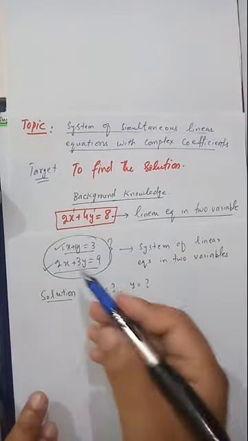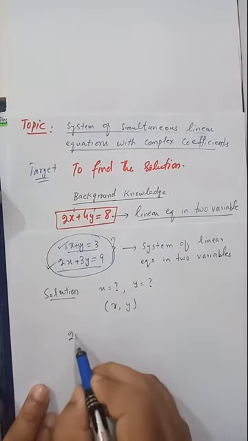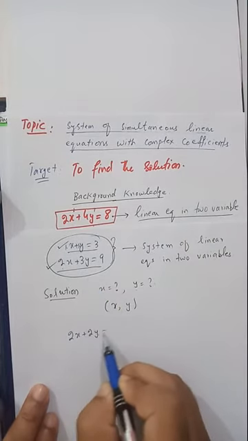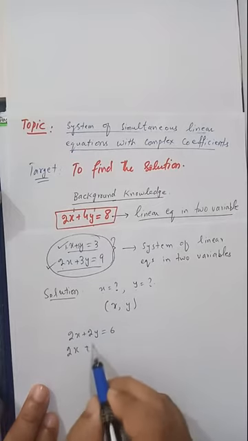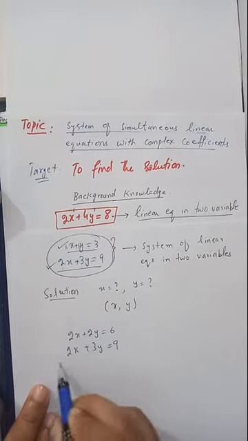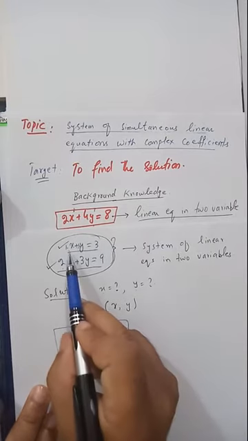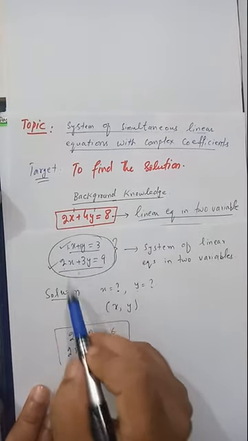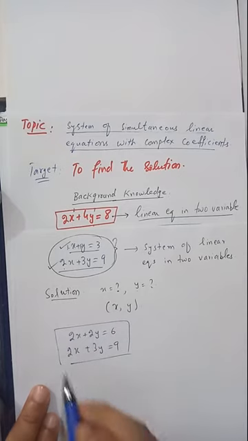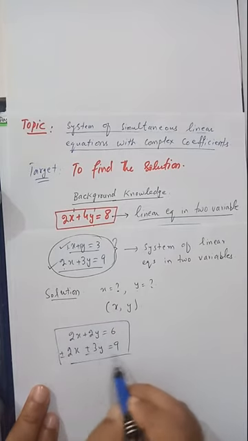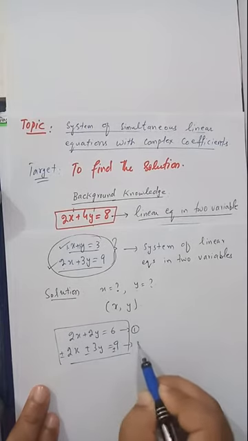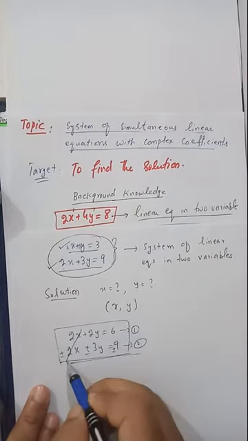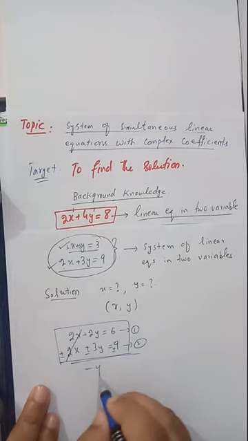Let's say I multiply this equation with 2, so that becomes 2x plus 2y equal to 6, and the second equation is 2x plus 3y equal to 9. You clearly see that when I multiply this equation by 2, the coefficient of x in both the equations becomes equal. Now just subtract equation 2 from equation 1. This is equation 1, and this is equation 2. So this will be cancelled. From here you get minus y, and from here you get minus 3, so y is equal to 3.